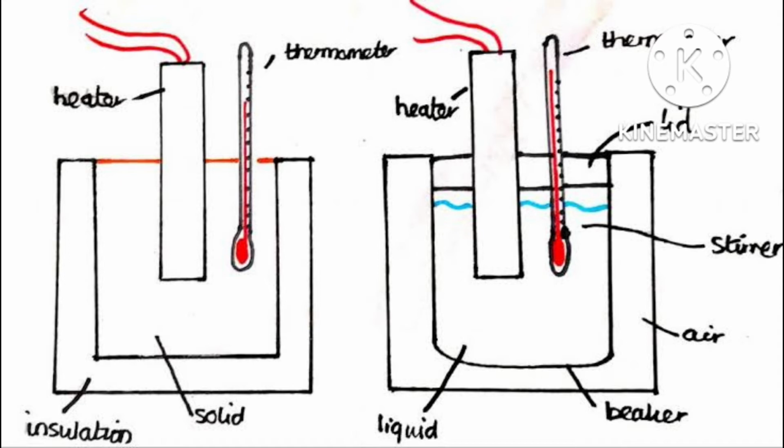Endothermic reaction: as I told you, if the reaction is not taking place, then you heat it. Just like in the kitchen you use a stove, you heat it, then the food is cooked. That is an endothermic reaction. Now that I have given a hint, you can understand it. If the reaction is not taking place, you supply heat, heat is absorbed, and then the reaction takes place.